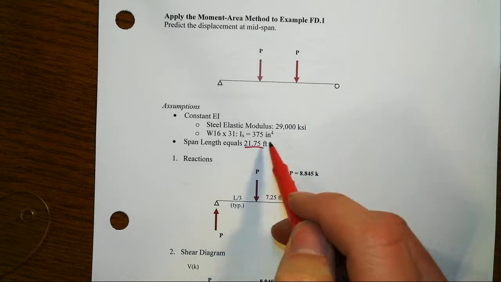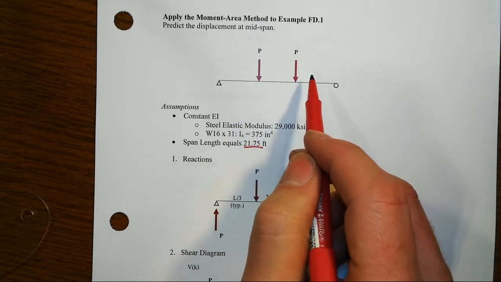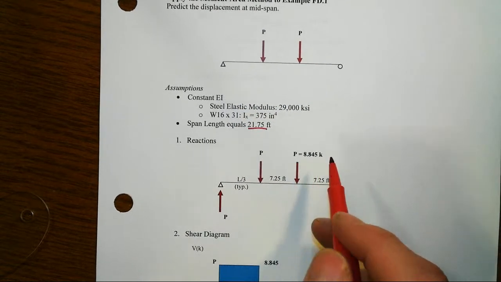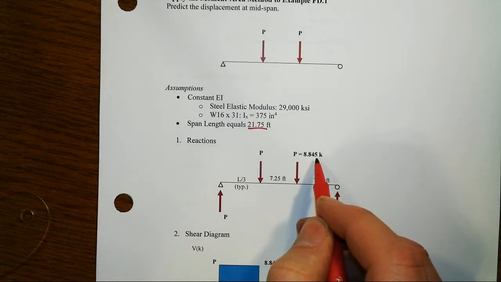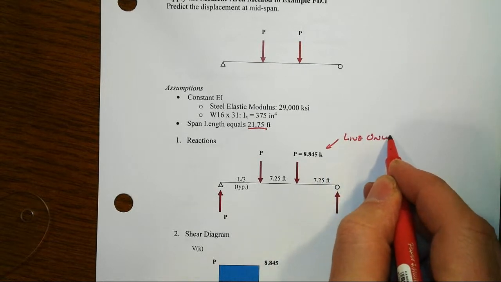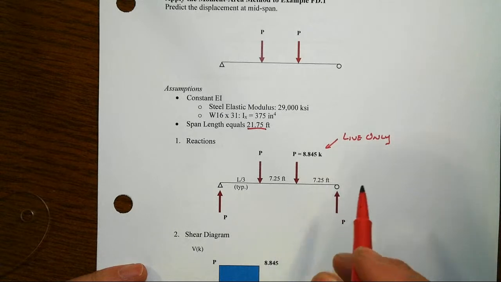It's 21.75 feet long, and these loads are applied at the third points. The tributary modeling gives us an applied force of 8.845 kips. That's live only, and that's why we don't have the self-weight as a distributed load on the beam.